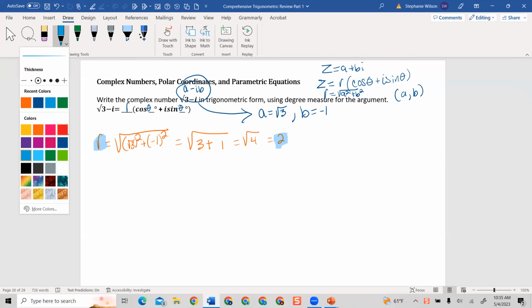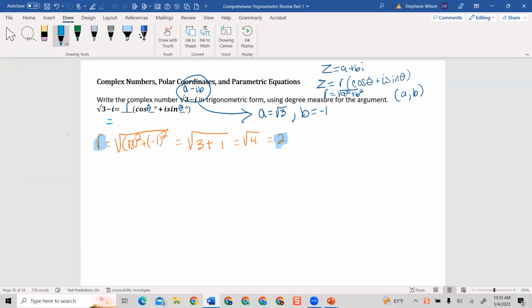So now I get right here, my r is 2 cosine of some angle plus i sine of some angle. We're going to rewrite it again to make it a little bit neater. Now let's solve for the next part.